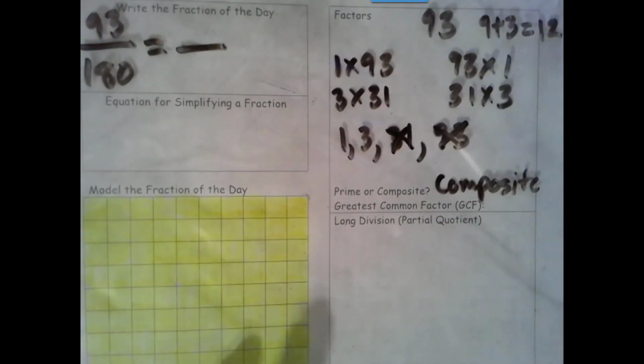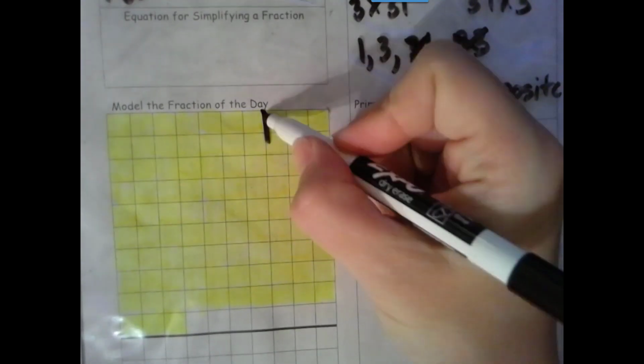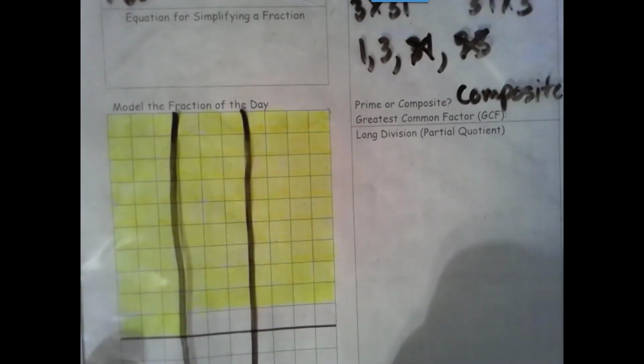All right, let's try groups of 3. Your groups of 3 do not have to look like mine. Just make sure there's 3 in each, and you want to keep the shaded separated from your unshaded.